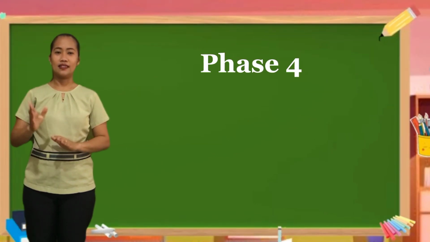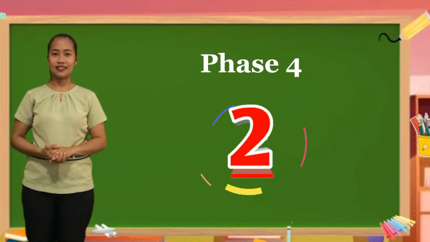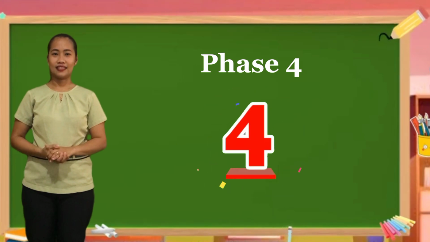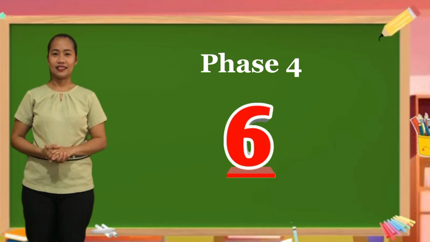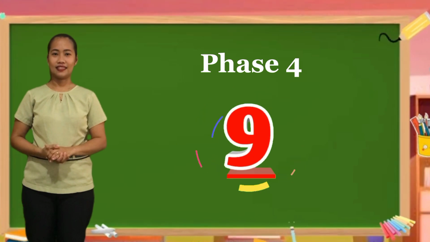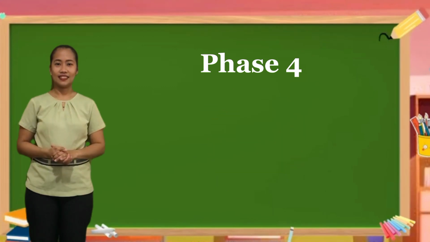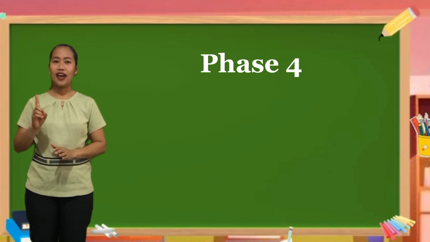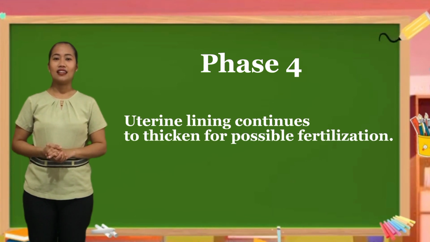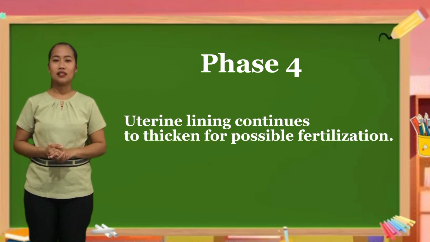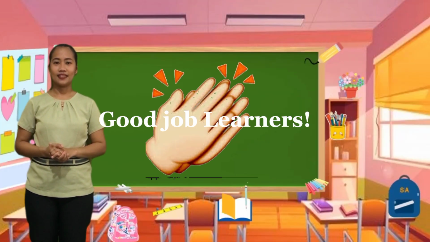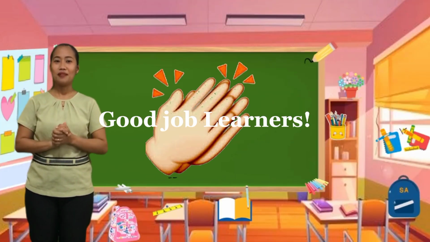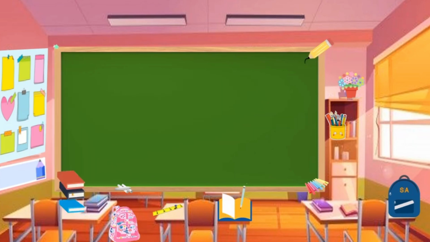Phase 4. Correct. Uterine lining continues to thicken for possible fertilization. Great job, learners, for reaching this far.